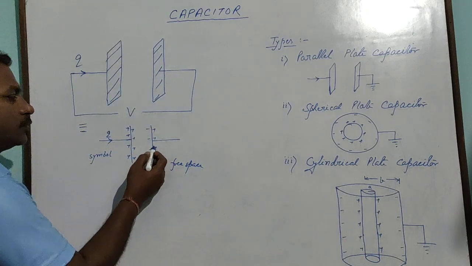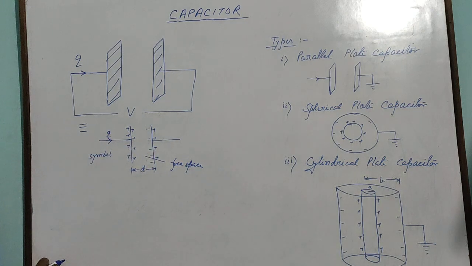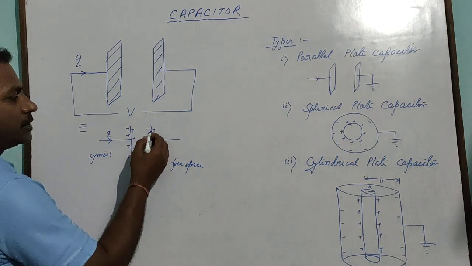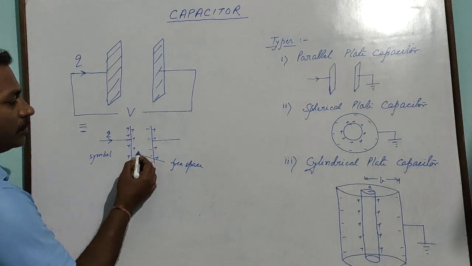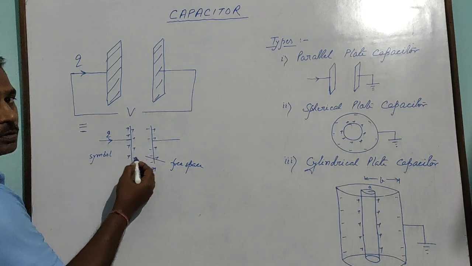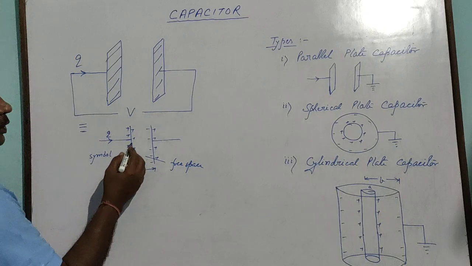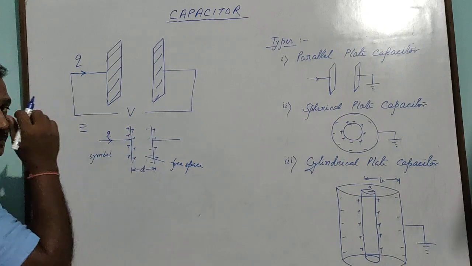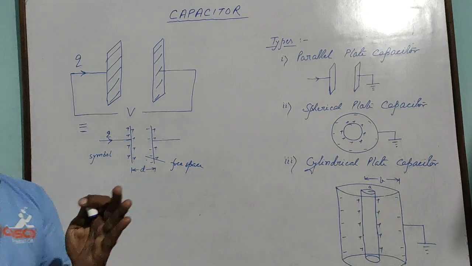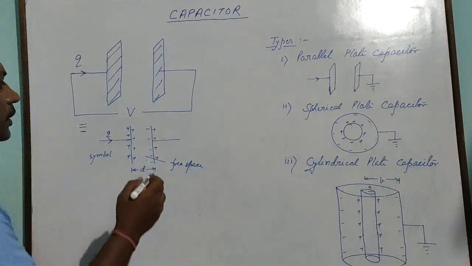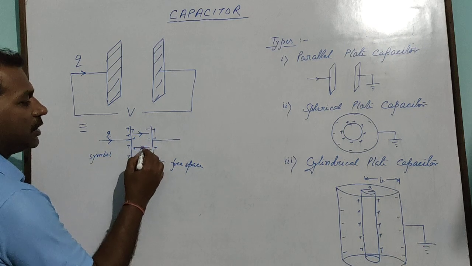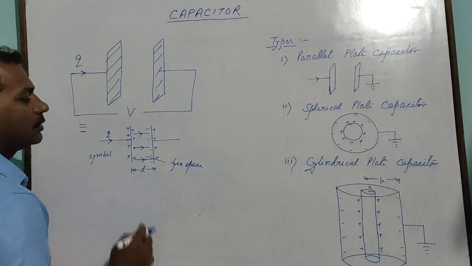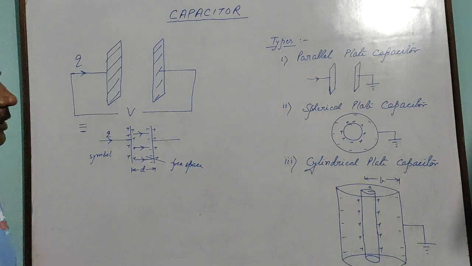So negative charge will be attracted towards this positive charge, and the positive charge will be repelled. That's why they will form a bond. So this positive and this negative will be attracted by each other, and that's why an electric field will start flowing between the two plates.